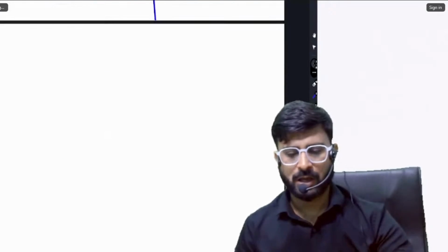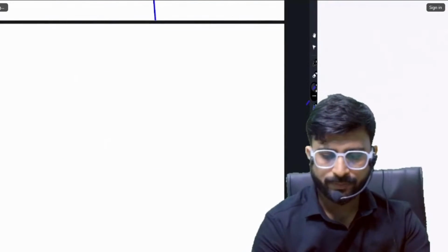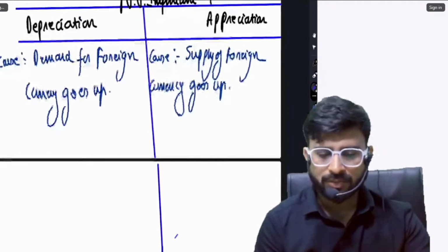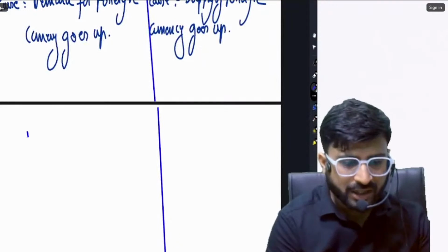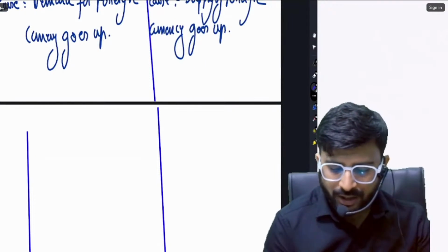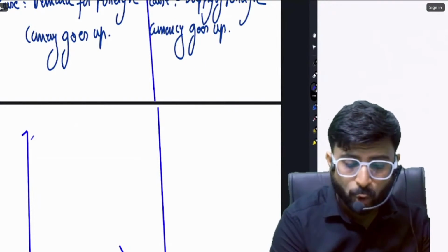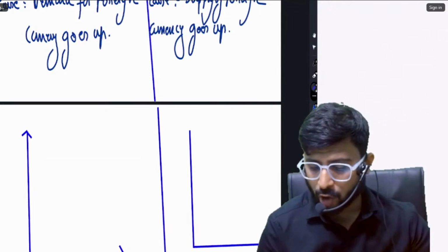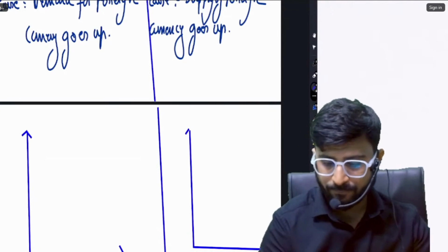So now the diagram, please. See depreciation. This diagram that I will draw, you have already done under the market mechanism chapter in microeconomics.